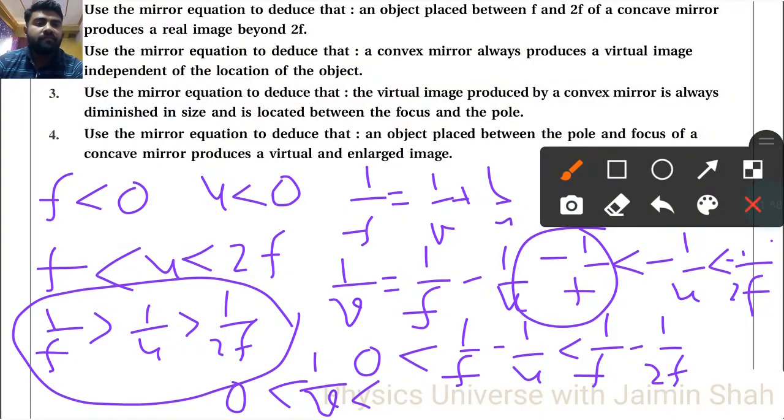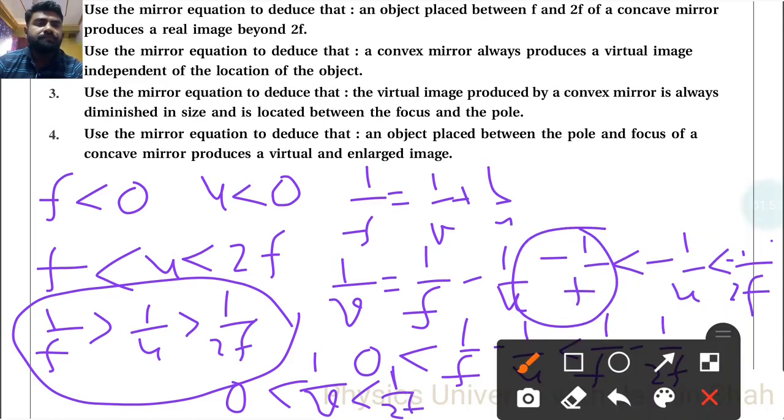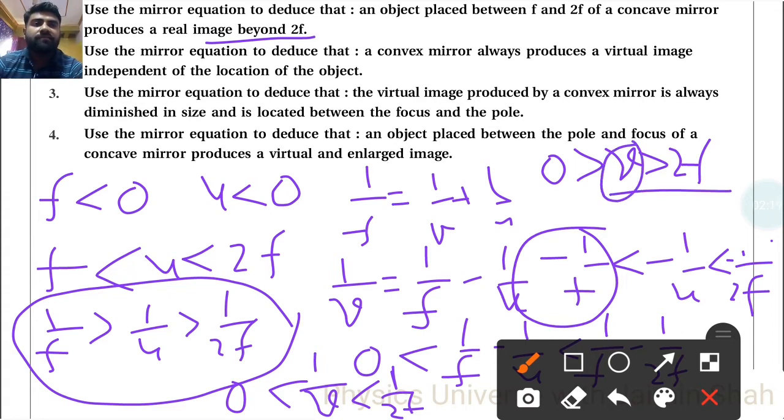Here plus 1 upon 2f will be there. So now I can write that v greater than 2f. That means the image will be beyond 2f because v is greater than 2f. And it is real.